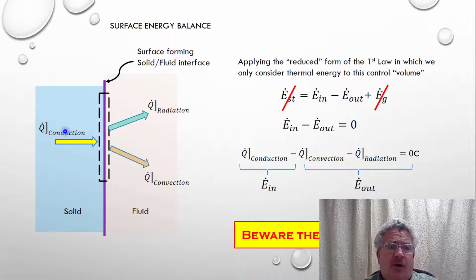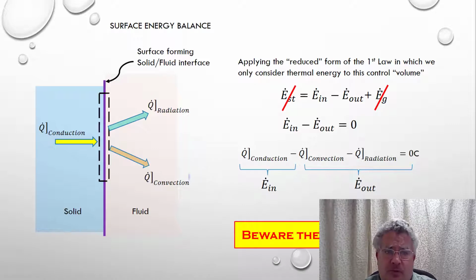All right, so in writing it this way, if this was a solid and this is a fluid or a vacuum out here, well, it has to be a fluid because I'm dealing with convection. So what we're essentially saying, if this is one particular scenario, is that we can have the energy transferred from the solid into the surface and then out of the surface via the two possible mechanisms of heat transfer that we have, either radiation or convection.